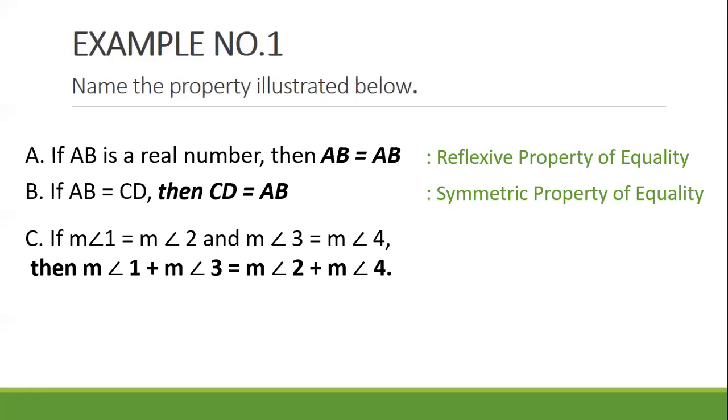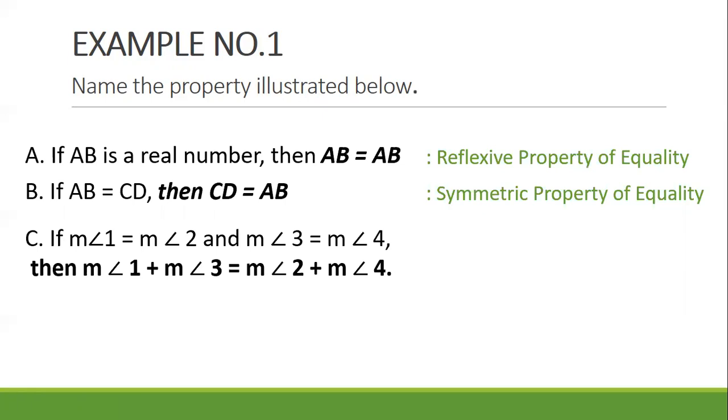Letter C, if measure of angle 1 equals measure of angle 2 and measure of angle 3 is equal to measure of angle 4, then measure of angle 1 plus measure of angle 3 is equal to measure of angle 2 plus measure of angle 4.